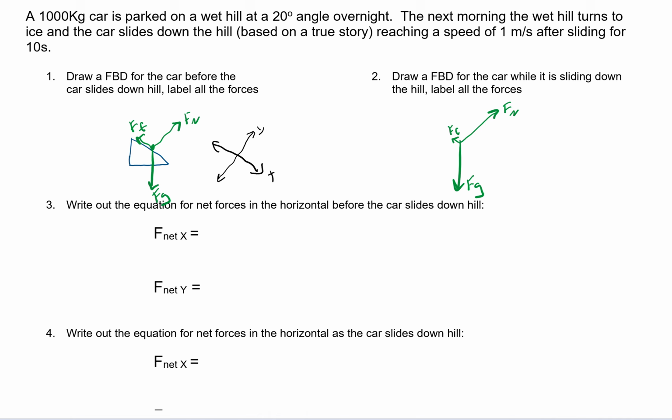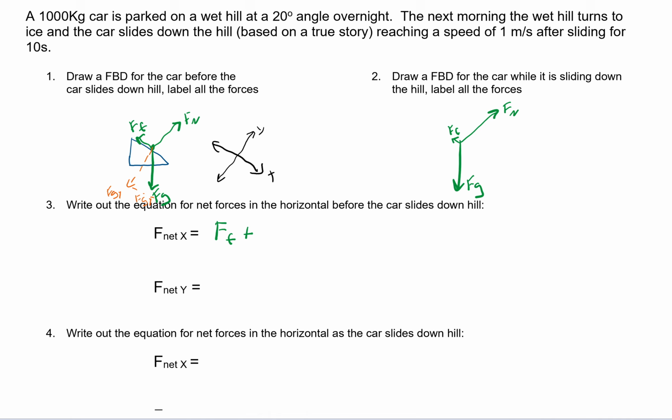Writing out our equations. So horizontally, we have force of friction, and with this new coordinate system, we're going to have a component of gravity acting in the y and a component of it acting in the x.